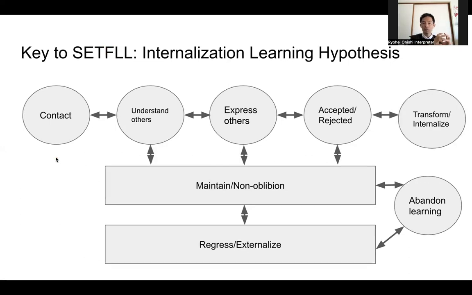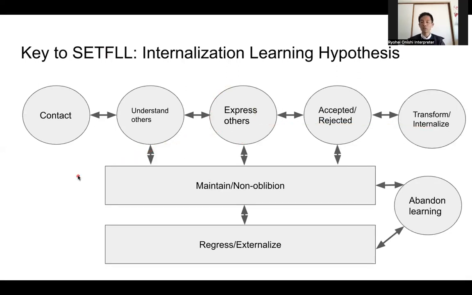Students contact SDGs, right? And they understand SDGs. They try to express SDGs, and their expression will be accepted or rejected. And through this process, these learners can transform themselves, change themselves really drastically, or they can internalize the sustainability issues or SDGs into their own. They can think about it as their own problem, right?